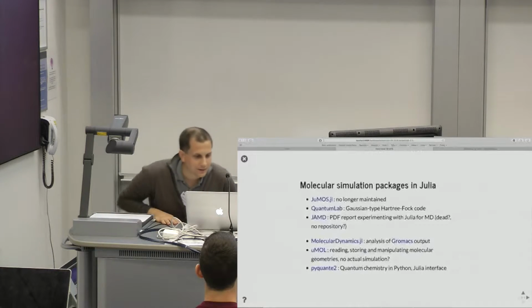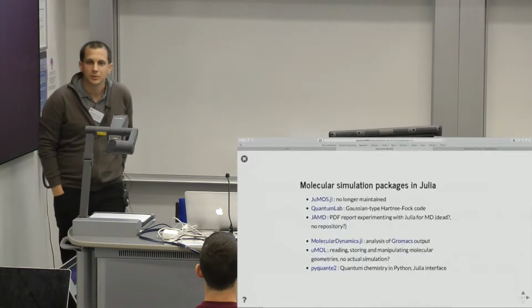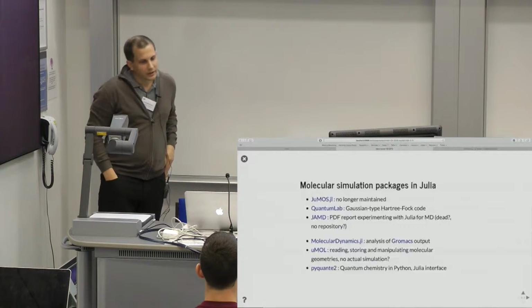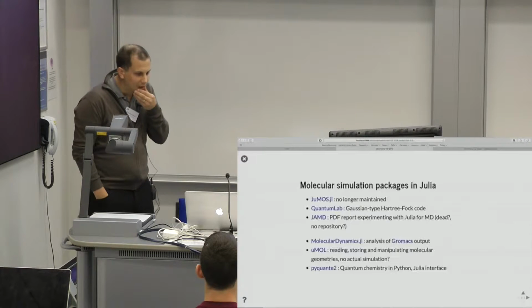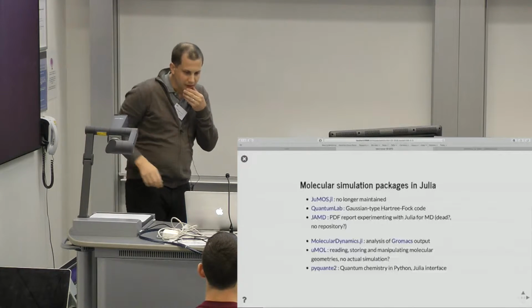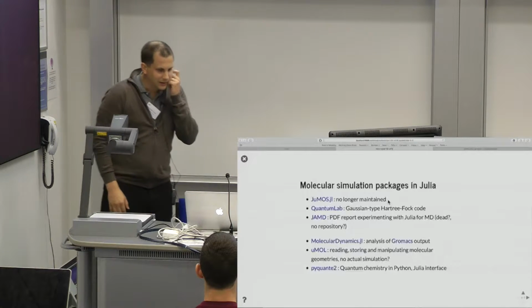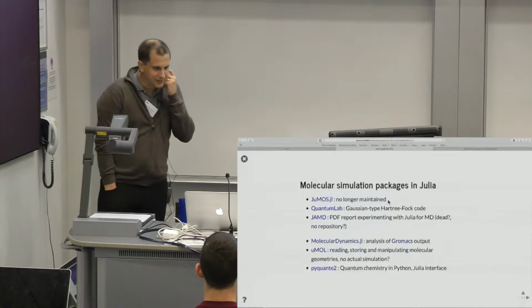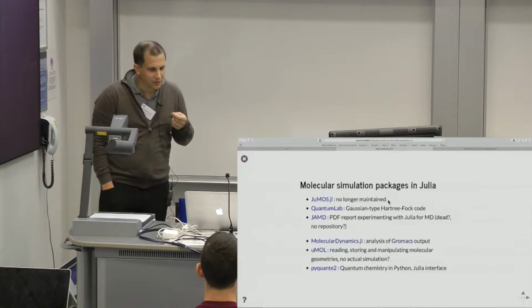To prepare this talk, I tried to keep track of what happens in Julia in molecular simulation, and I did another overview, and not much has changed actually. The very first package that I ran into ages ago now is Jumos, a great name, a great logo, and then the guy just said, oh, I don't like Julia anymore, I started working with Rust.